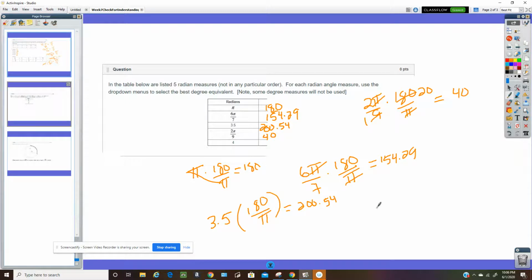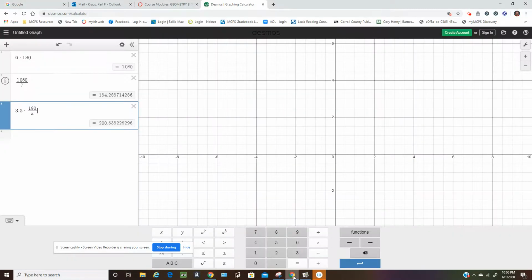And then 4 times 180 over pi. I'll take my calculator again. 4 times 180 over pi is 229.18.